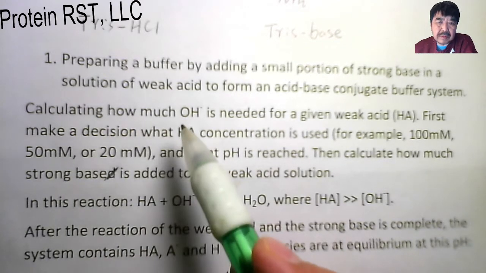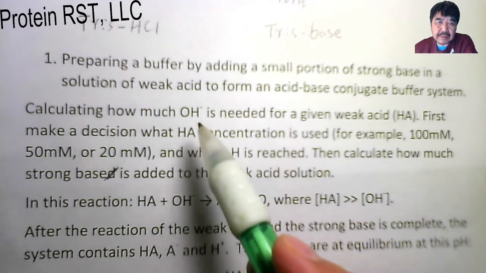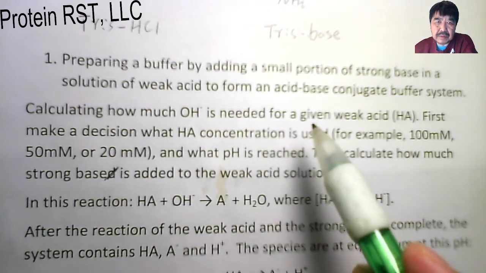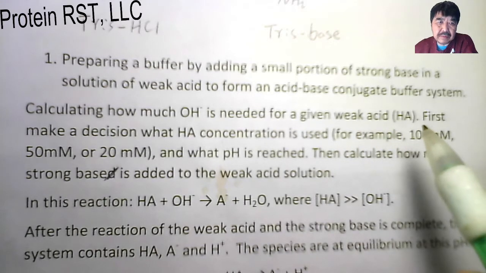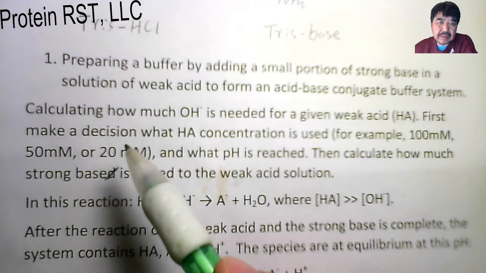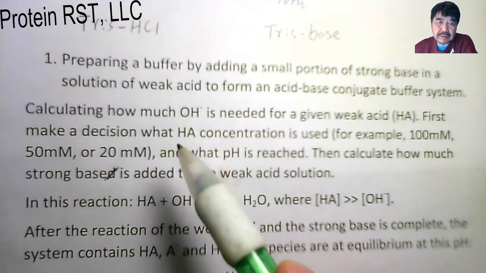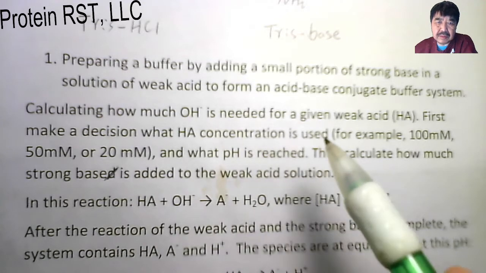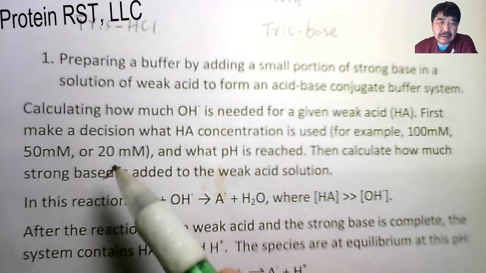Calculating how much hydroxide, basically the strong base, is needed for a given weak acid. First, we need to decide what weak acid concentration is used. For example, 100 millimolar, 50 millimolar, or 20 millimolar.